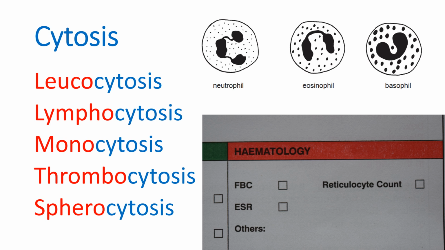Now, cyto means cell. Cytic, cytosis, cyto always means to do with cells. And it comes from the Greek cytos, spelled K-Y-T-O-S, which means hollow, like a container. Because, of course, the ancient Greeks didn't discover cells.